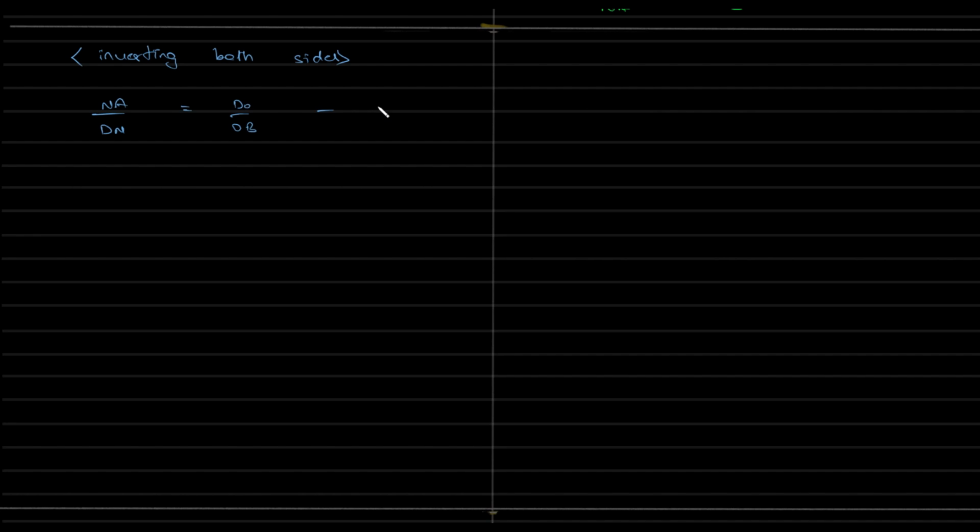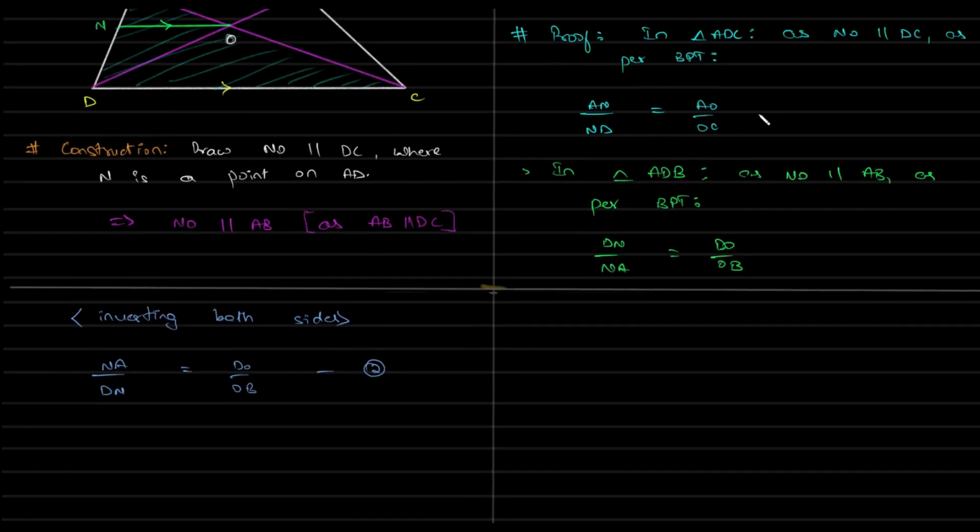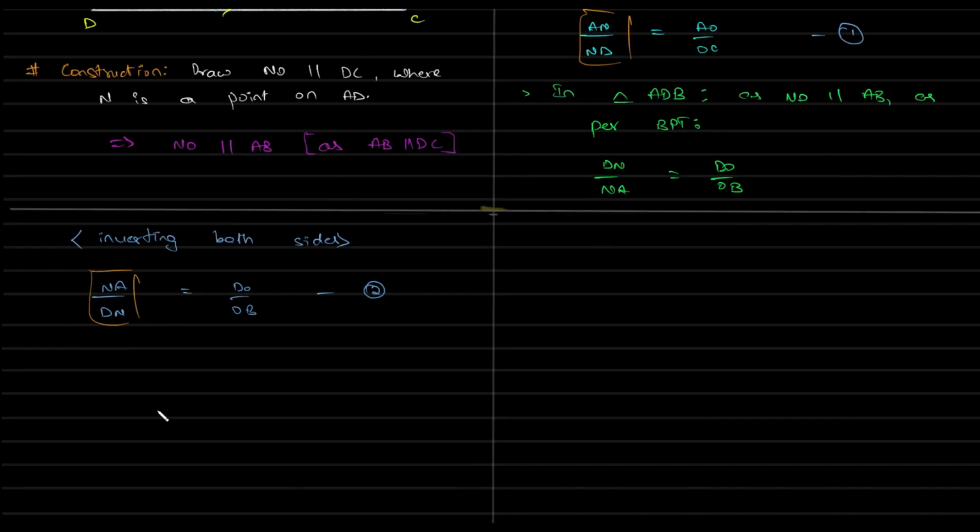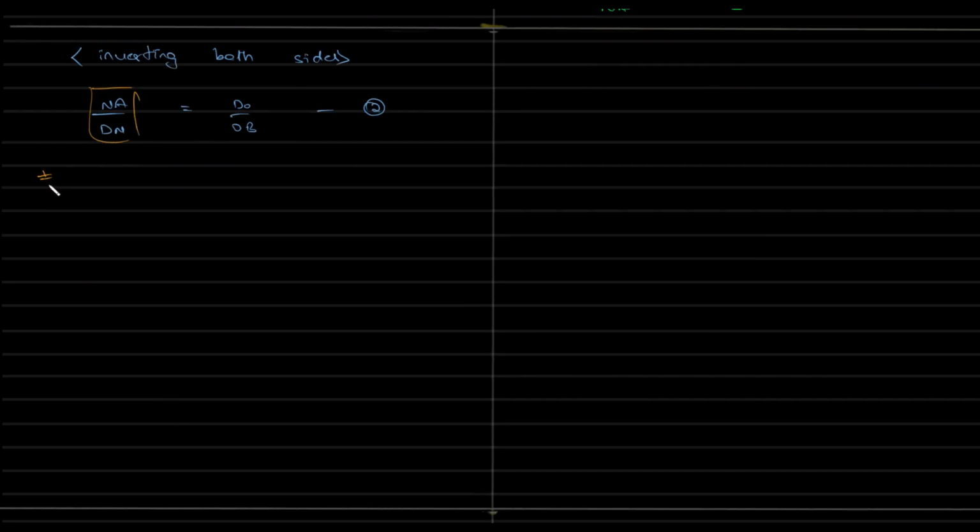So this we'll call equation 2. This will be your equation 1. So we are looking at this and this to be your negotiators. So clearly AO by OC is equal to DO by OB. So we are almost done with our answer.